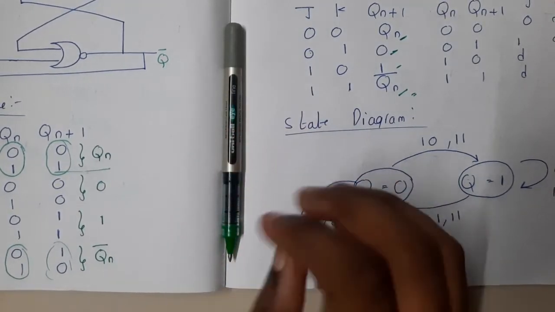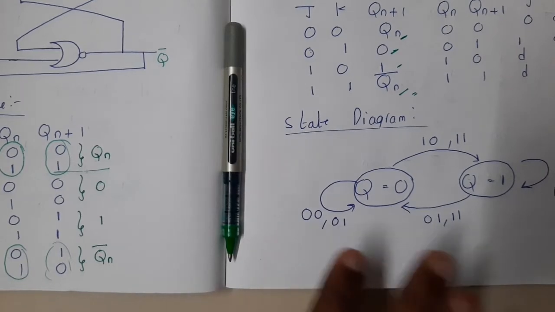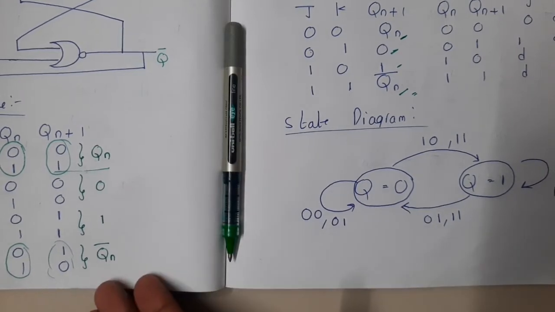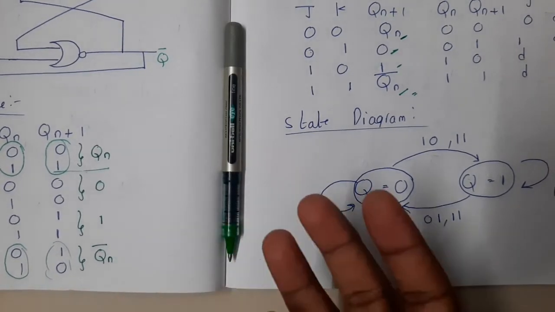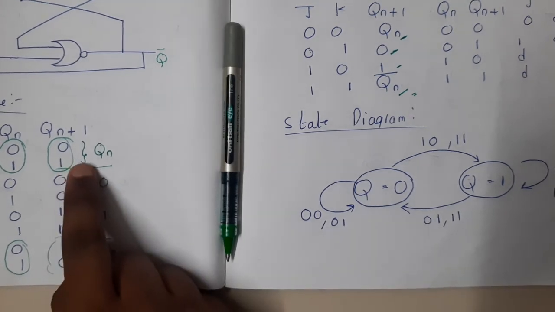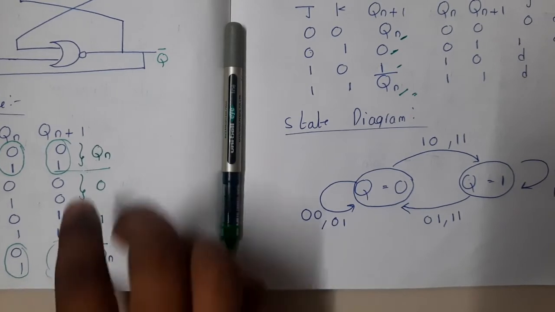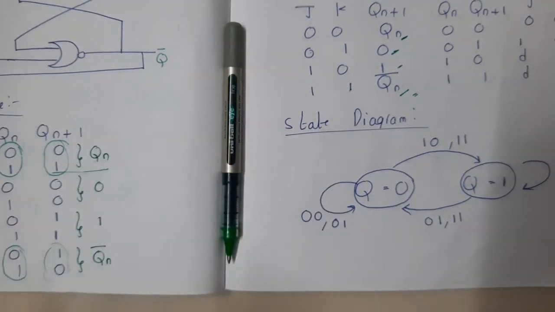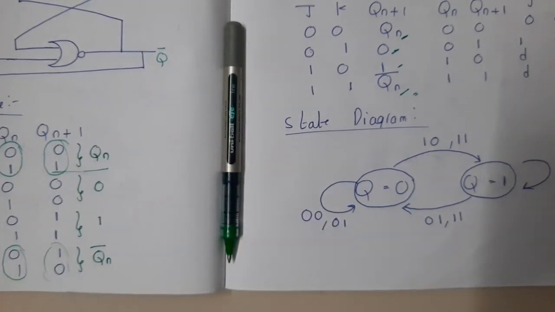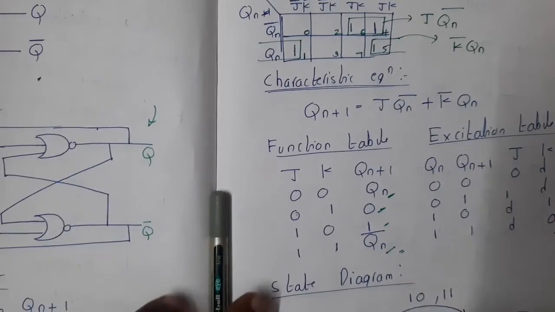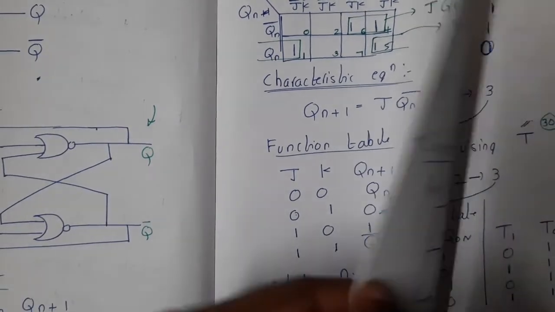The issue with the JK flip-flop is that it is overpowered, guys. It is doing everything. Is that needed? When we want to store something, we just need the memory concept. If we want to complement it, we need only the complement concept, but it is doing everything. This disadvantage is why the other 2 flip-flops were introduced. I hope you got the reason why we are studying the next flip-flop.